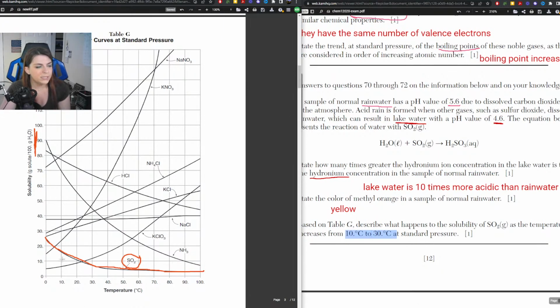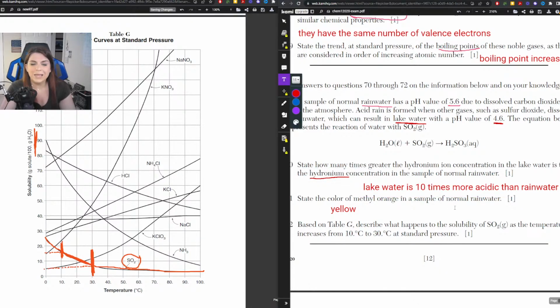We are looking at this line specifically in the segment from 10 to 30, and we want to know what happens to solubility. Solubility is the line, so obviously, solubility decreases. It's going from about 16 grams to about 8 grams.